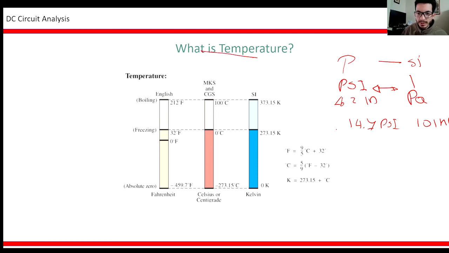I know the number right here because this is atmospheric pressure at sea level, so it's very easy to remember: 14.7 psi, 101 kilopascals, or 101,000 pascals.